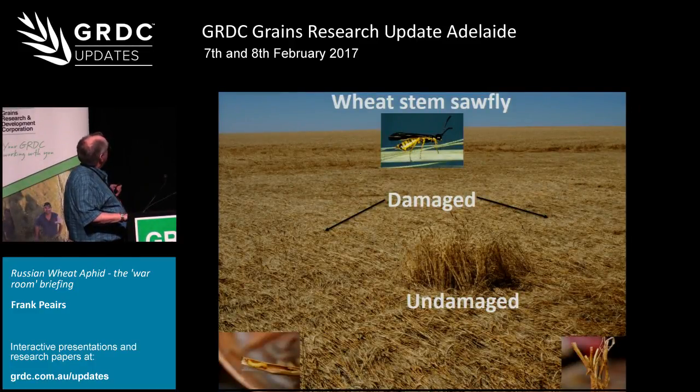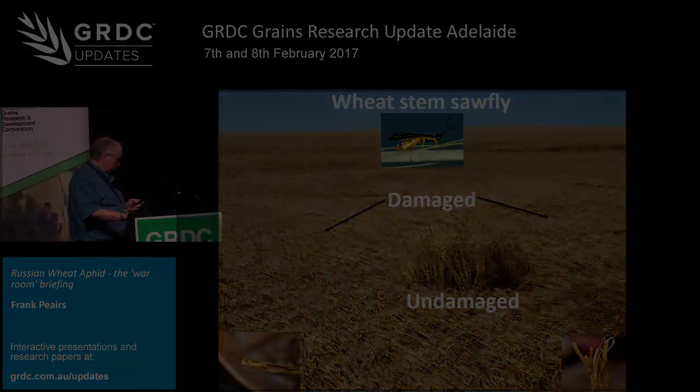This is an insect called wheat stem sawfly. This is undamaged wheat, and all this wheat lying on the ground is due to damage from this wheat stem sawfly. It makes Russian wheat aphid look like a wimp, let me tell you. So with that, I will finish.